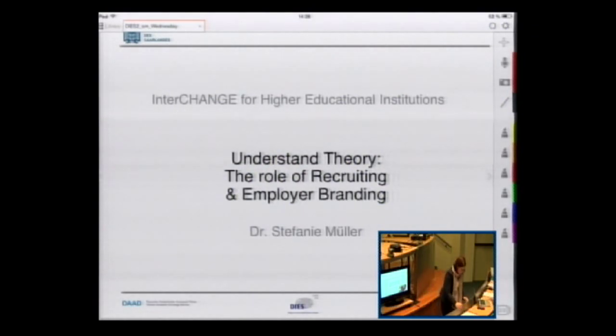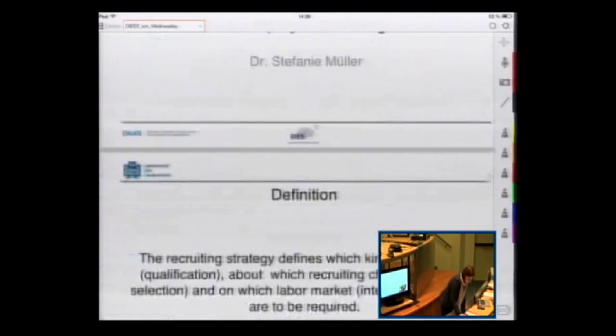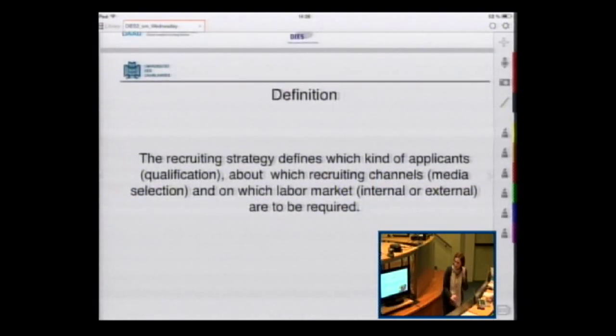So I have brought you, as yesterday, a little definition about this. Recruiting strategy defines which kind of applicants, which means the qualification of the applicants, and which recruiting channel. So we can also think about the idea, how can I reach these people?